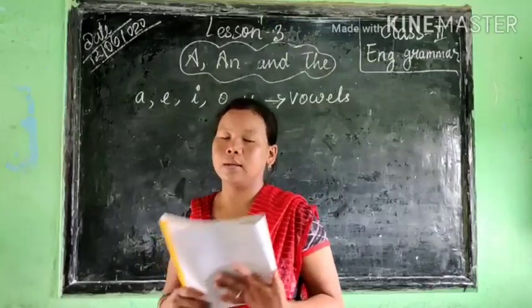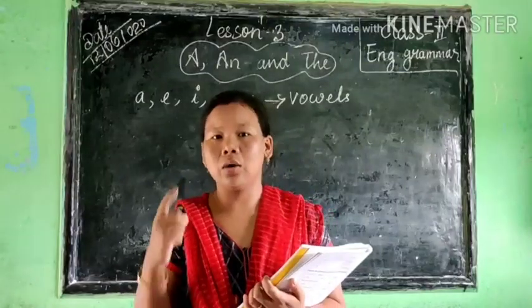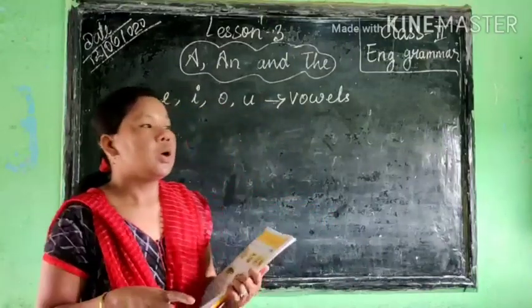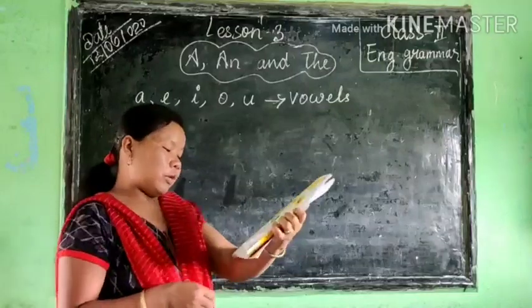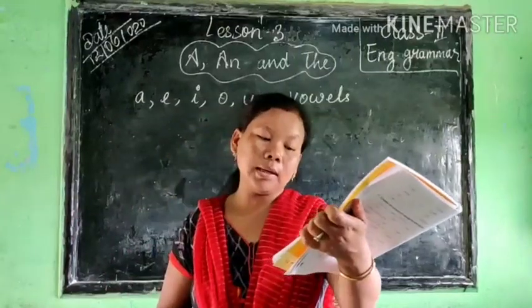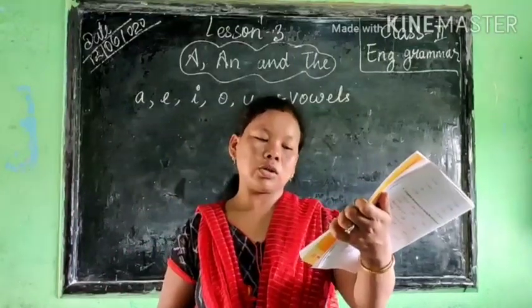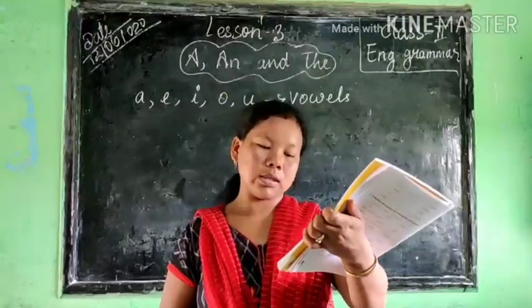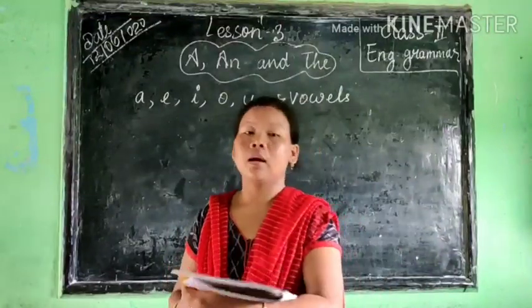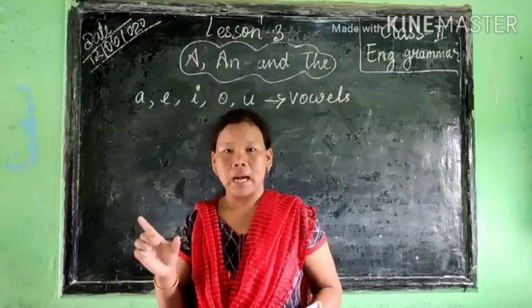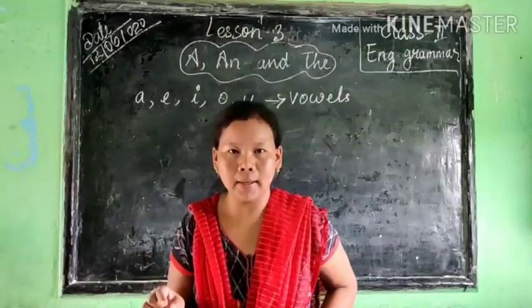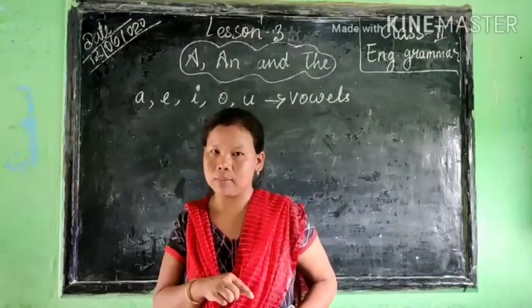So now we will understand when to use a. Okay, so now we use a before a singular noun which begins with a consonant sound. हम लोग singular, plural पढ़े हैं ना last chapter.